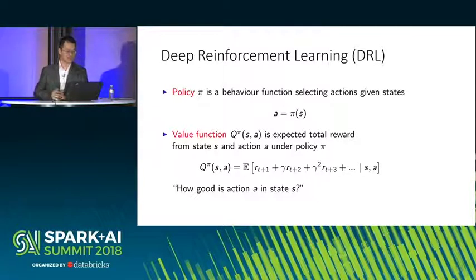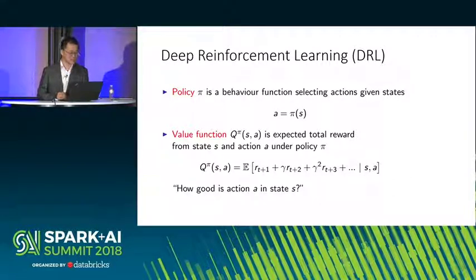And now a few other concepts like policy and value function. Policy is just a behavior, it's just a function of states. The input of the function is a state and the output is an action. That's called a policy. Don't think too much about it, just understand it from the word directly.